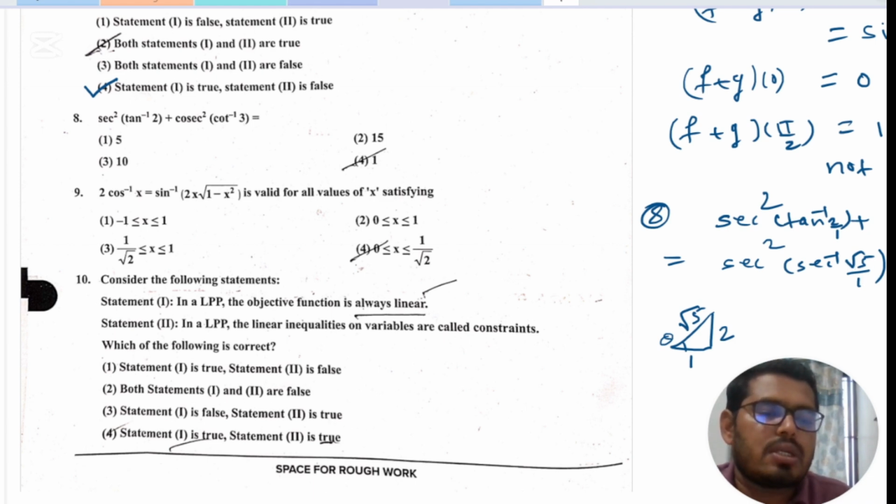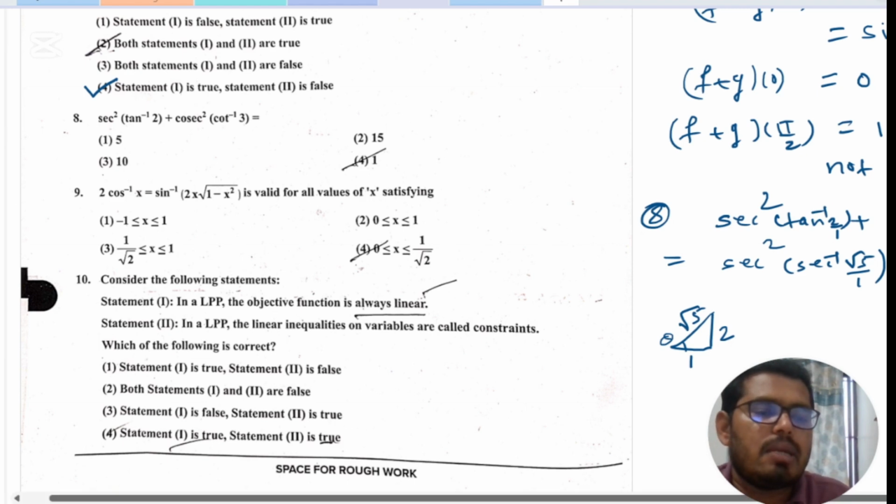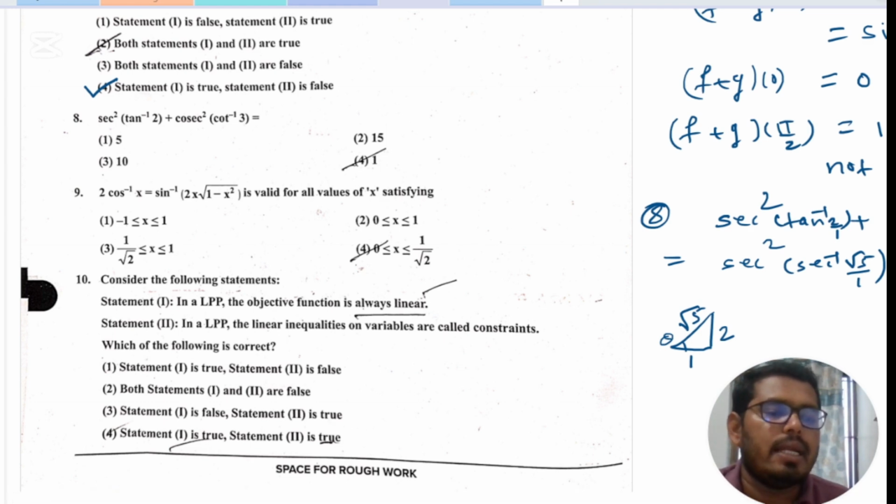cosec square as it is. Then again you transfer cot inverse to cosec inverse. Okay, again by using a triangle, cot inverse 3 by 1. Suppose the angle is theta, then cot is defined as adjacent by opposite.